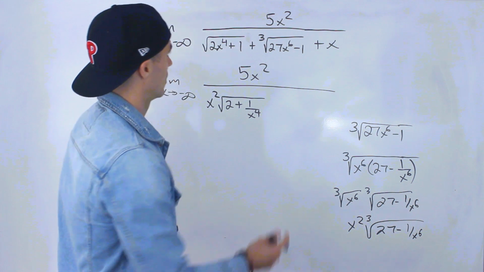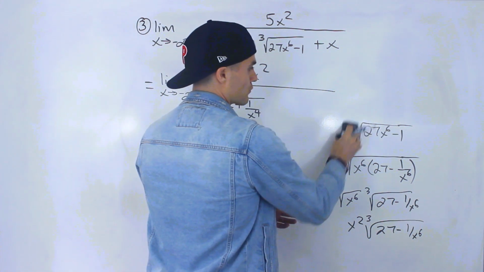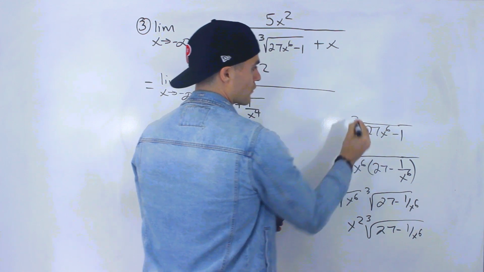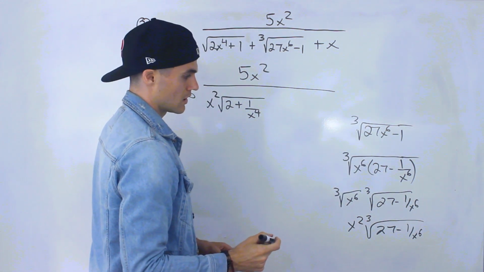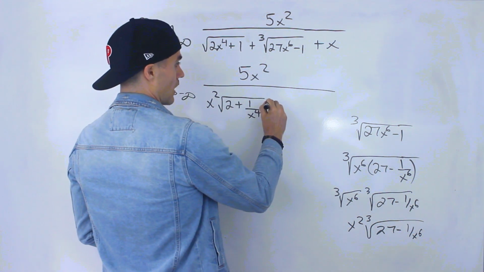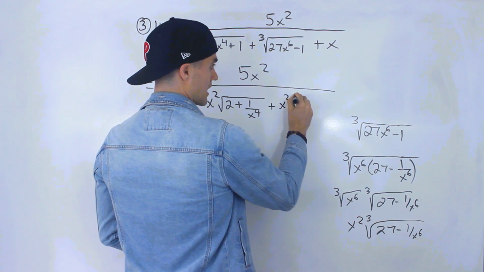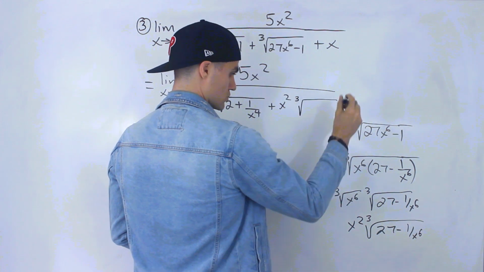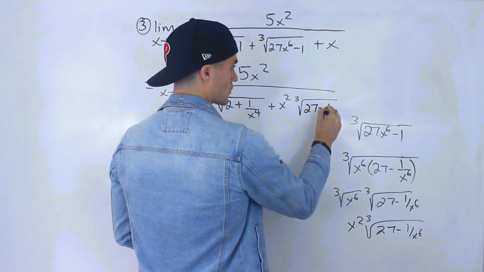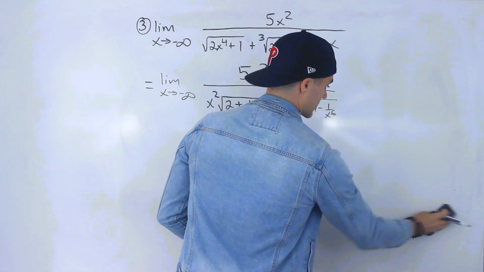This is not 3 times, by the way. It's the third root. That 3 was a little large. This expression is the same as this one. So we'll have x squared times the third root of 27 minus 1 over x to the 6. And then we have the plus x.